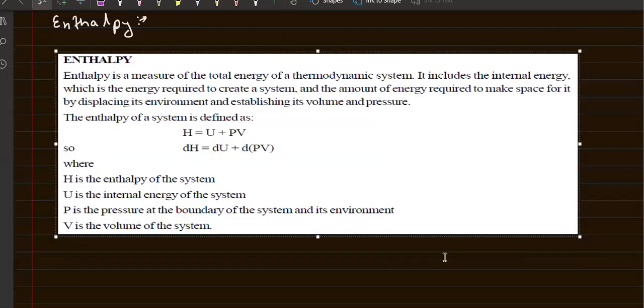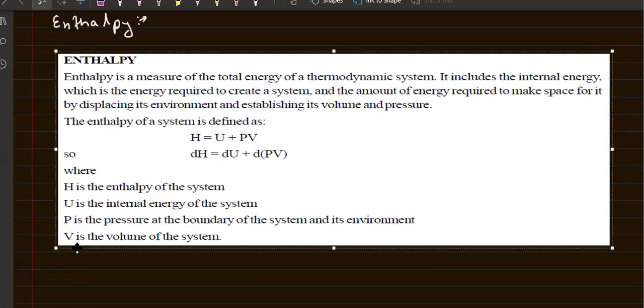When you talk about total energy, obviously it would be the energy required to create a system, which is your internal energy, plus the energy required for the displacement.